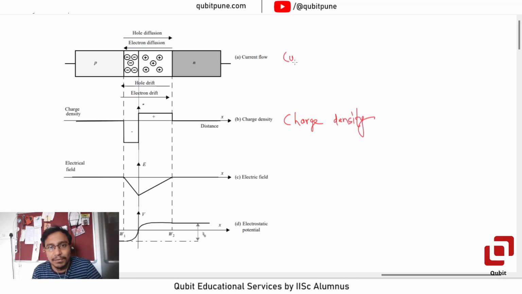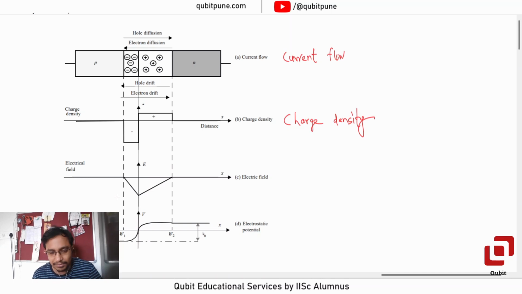This is the current flow that we usually draw in unbiased condition, electron diffusion drift, hole diffusion drift. And this is the electric field. Because the width of the depletion region in p and n sides is not uniform here, the slopes are different.